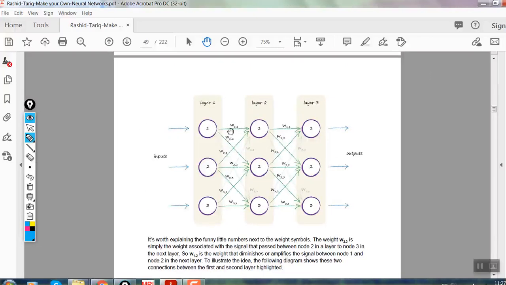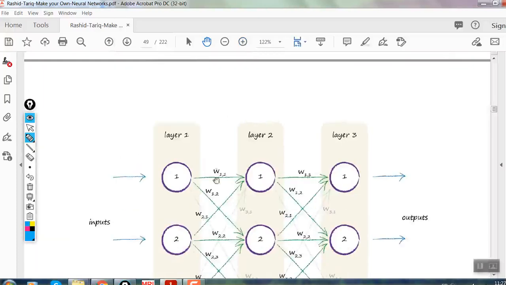We can put a rating, a value, on each connection, and say that the output of neuron 1 is multiplied by W11 and then reaches neuron 1 in layer 2. Please pay attention to the number of each weight.